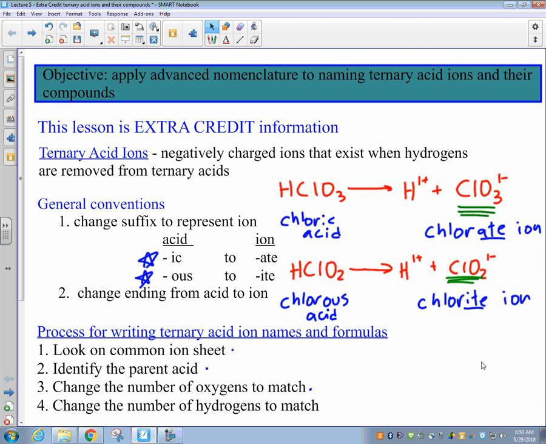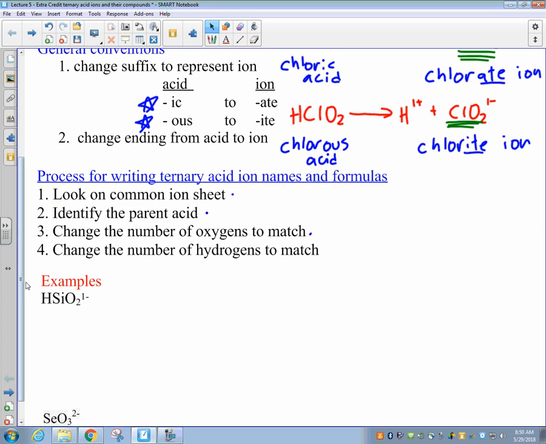One other thing to watch out for is the possibility of dealing with a ternary acid that dissociates to make multiple ions through the dissociation sequence. This is what we call a polyprotic acid. Let's look at something like H2SO4, a familiar acid, which is sulfuric acid.